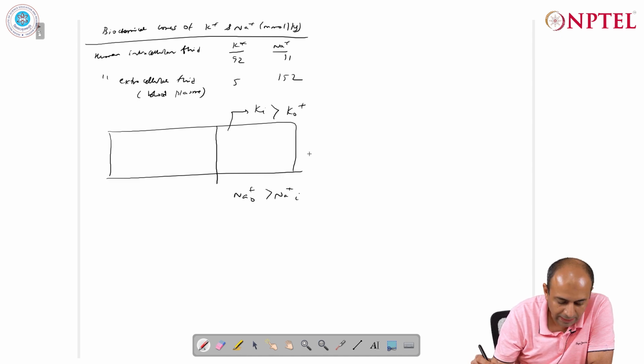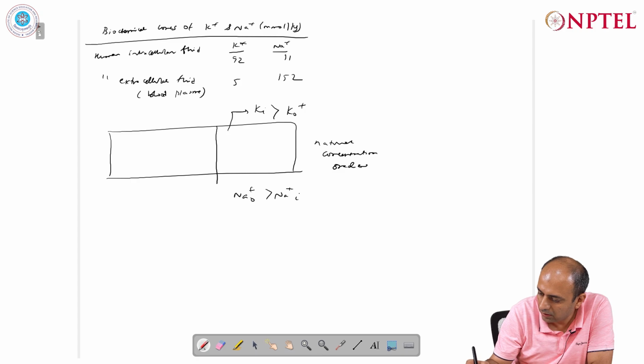Because of this, the natural concentration gradient is such that the potassium ion flows from higher concentration to lower concentration. So it goes from inside the cell to outside of the cell where the concentration is lower, whereas the sodium ion goes from the outside to the inside of the cell.